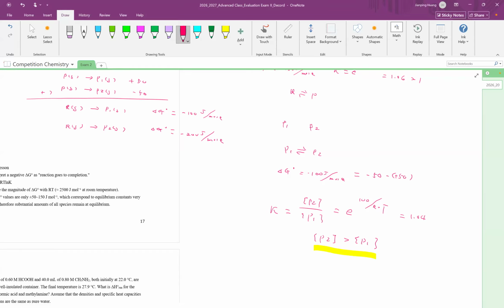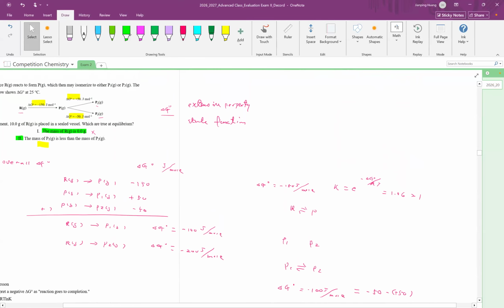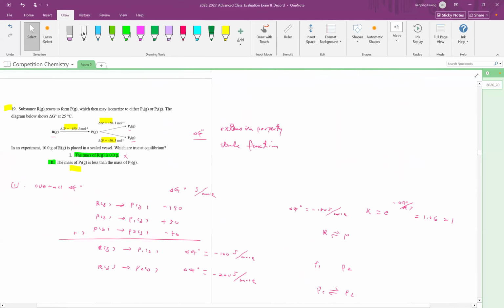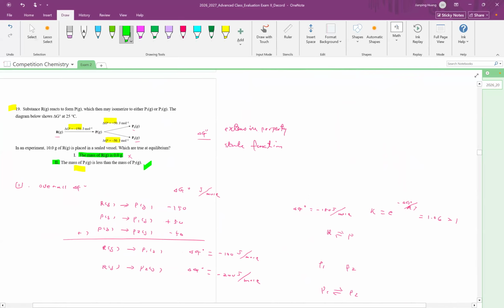So can I say the mass of P1 should be less than the mass of P2? That's the conclusion. Really nice question. Hard question too. This is a hard question. So which means this one, it is right. This one is right. Got it.